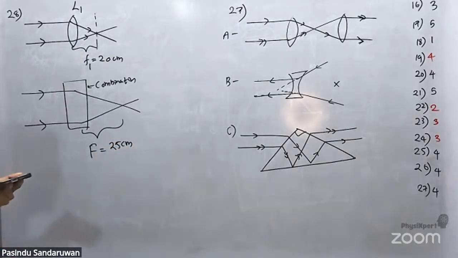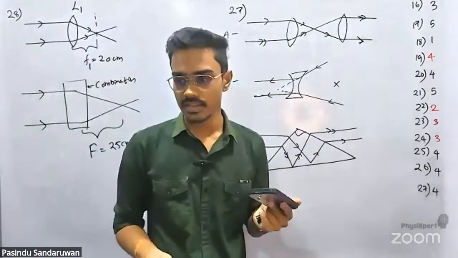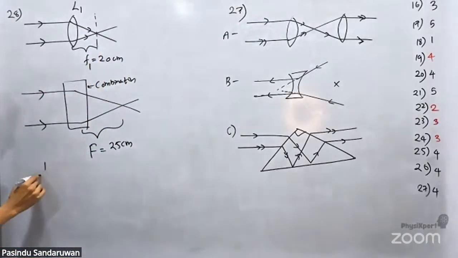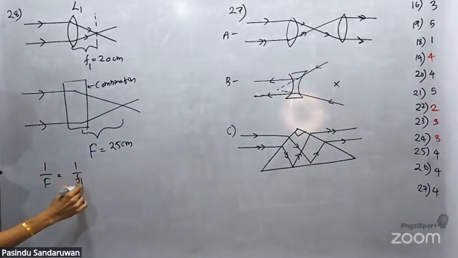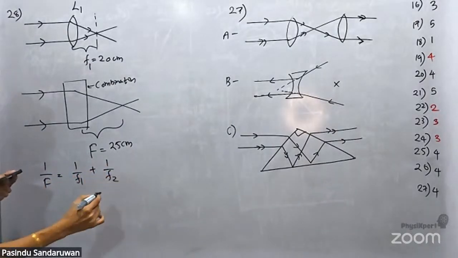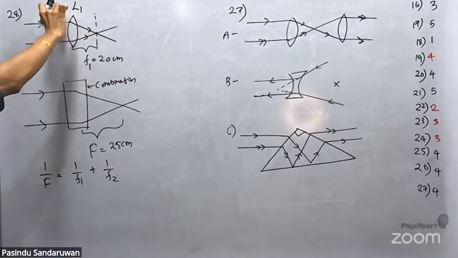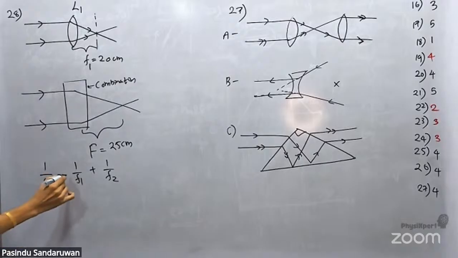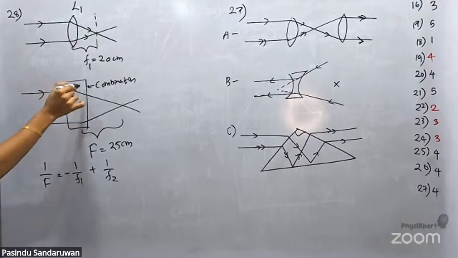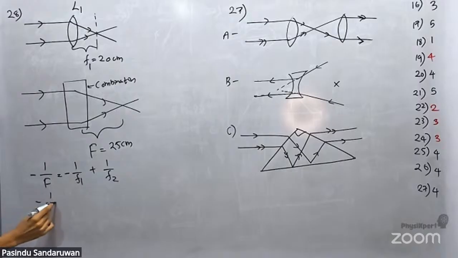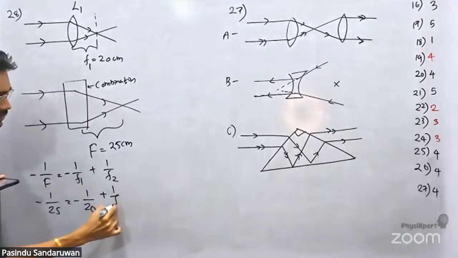Now we can apply the combined lens formula: 1 over F equals 1 over F1 plus 1 over F2, and you have to apply the sign convention. For a convex lens, focal length is minus, and this is also a convex lens, so minus 1 over 25 equals minus 1 over 20 plus 1 over F2.